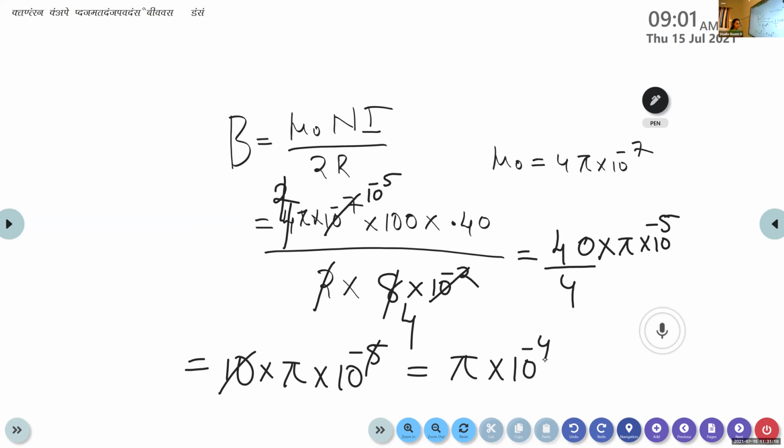What is the value of pi? 3.14. So 3.14 into 10 raised to minus 4. What is the unit of magnetic field B? Tesla. So 3.14 into 10 raised to minus 4 Tesla.